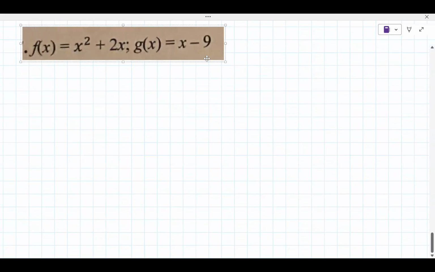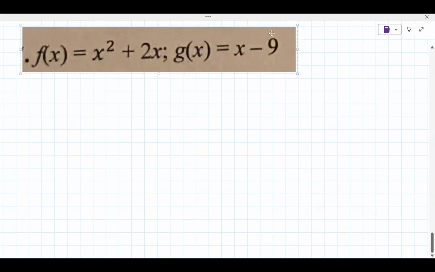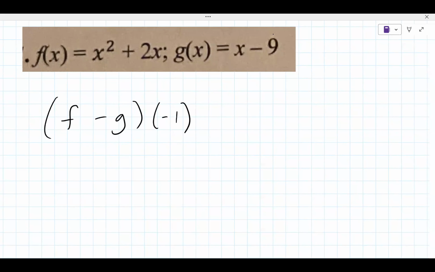All right, so here are two new functions, f and g again. Let's do f minus g of -1. Okay, so I'd be taking x squared plus 2x.